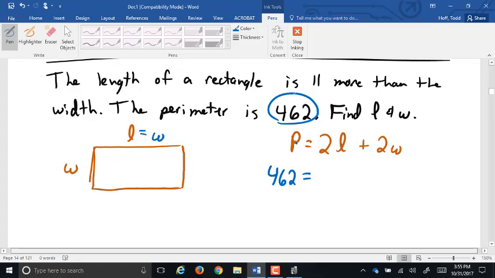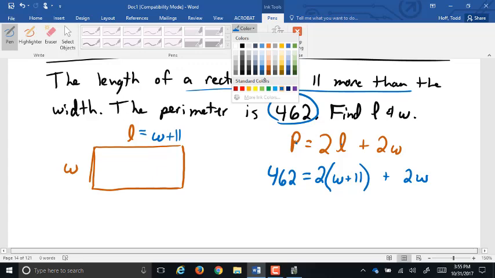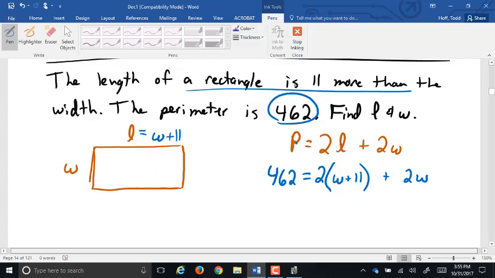L equals W plus 11. Perfect. Because the length is 11 more than the width. So as we write this out, 2 times L becomes 2 times W plus 11, plus 2W. What's our next step?